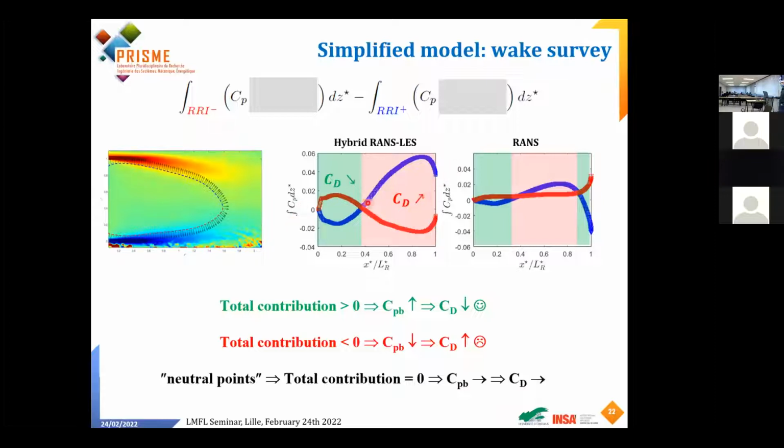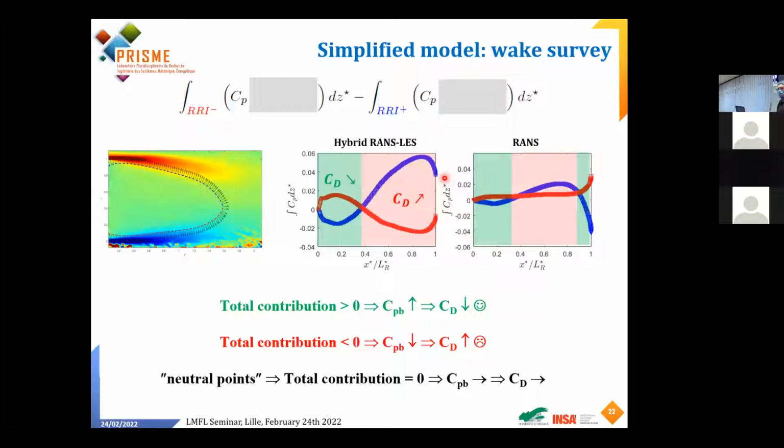So at the end of the day, if I'm going from that point to that point, I will look at the value in blue coming from the upper interface, in red coming from the lower interface. And in this equation, the difference between these two points will give me the total contribution of this term to the base pressure and so to the drag.